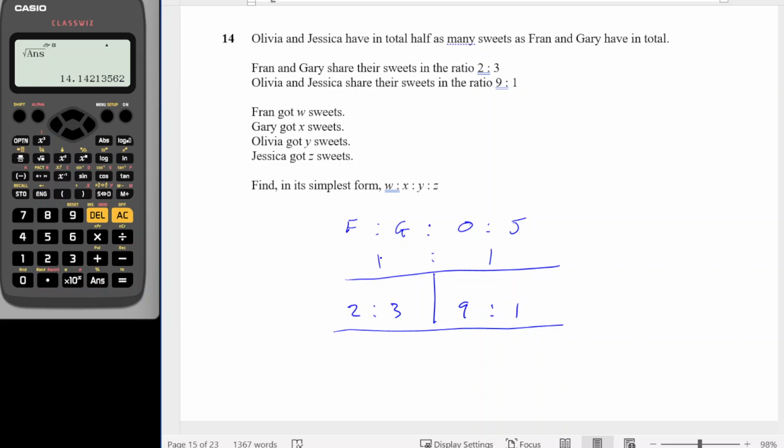So I would need 2 lots of this to be equal to 1 lot of this, which would mean I'd need 4 times as many of this. So to combine them, I'd need 4 times as many of this. So that would be 4 to 12. No, what am I talking about? 2 times by 4 would be 8, 3 times by 4 would be 12, to 9 to 1. And that would be my combined ratio.